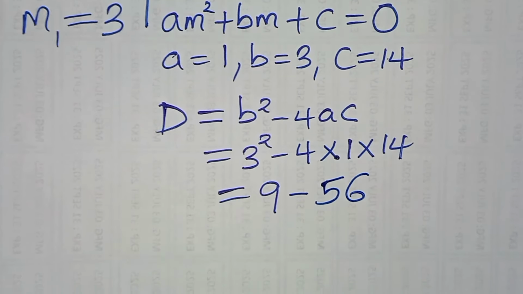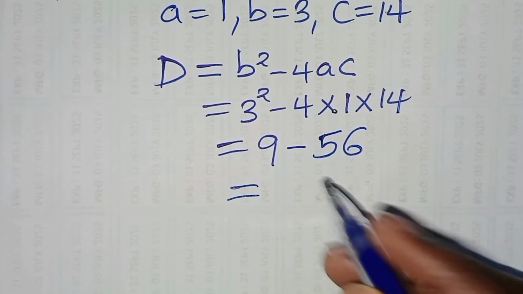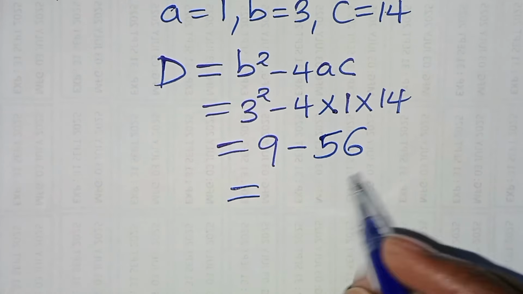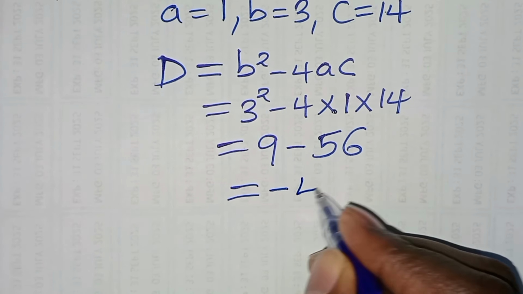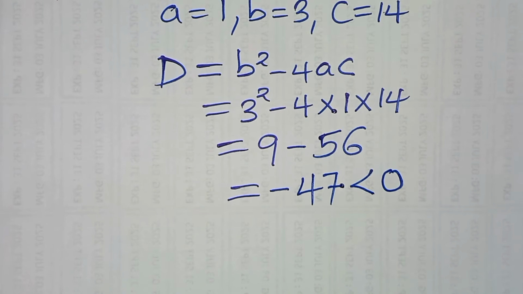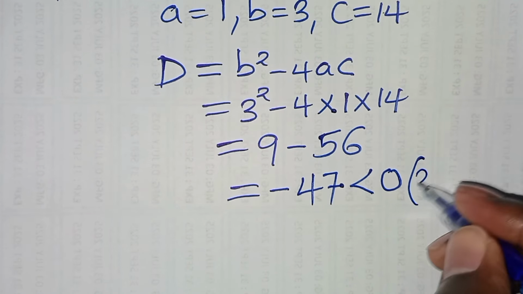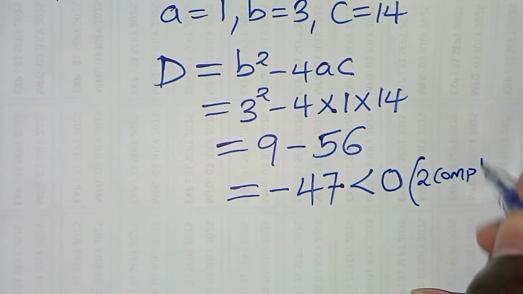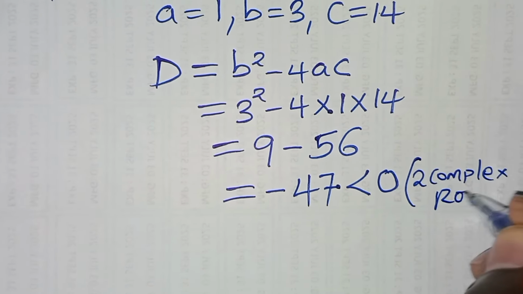So we have 9 subtract 56, and this is minus 47, which is less than 0. And this implies that we have two complex roots here.